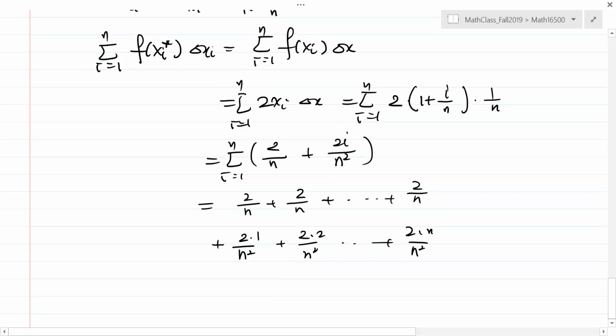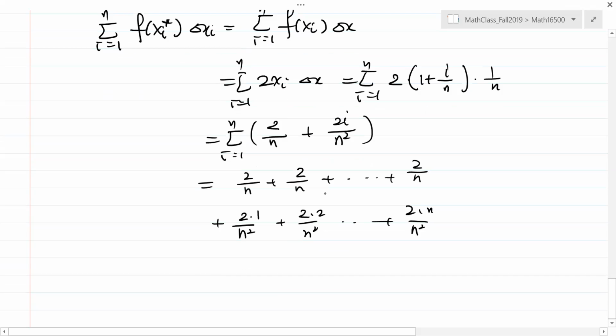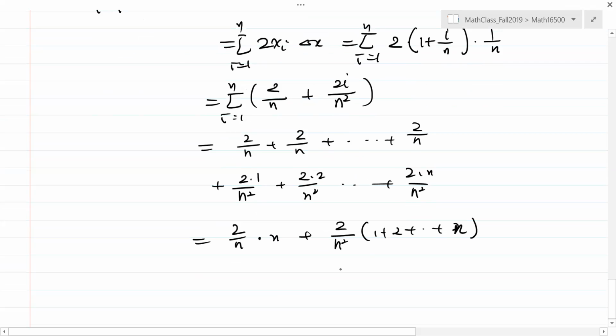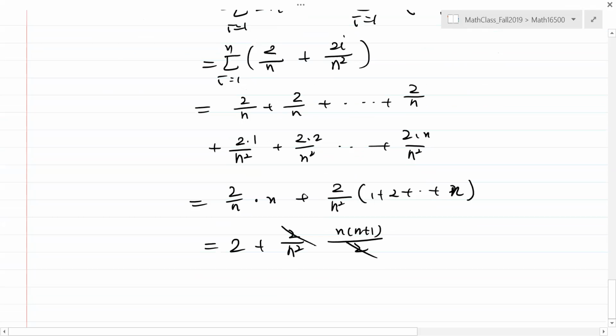For the first term, 2 over n times n. For the second one, you take 2 over n squared out, and it's 1 plus 2 all the way to n, which is n times n plus 1 over 2. These cancel out, so you get n plus 1 over n. It approaches 2 plus 1, which is 3. You see, 3 is the area.